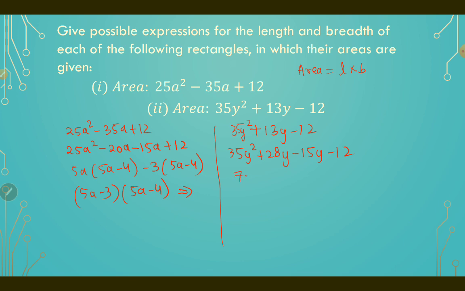So when I take 7y common, it's 5y + 4 − 3 into 5y + 4. That's nothing but (5y + 4)(7y − 3). These are the possible lengths and breadths for the second area.